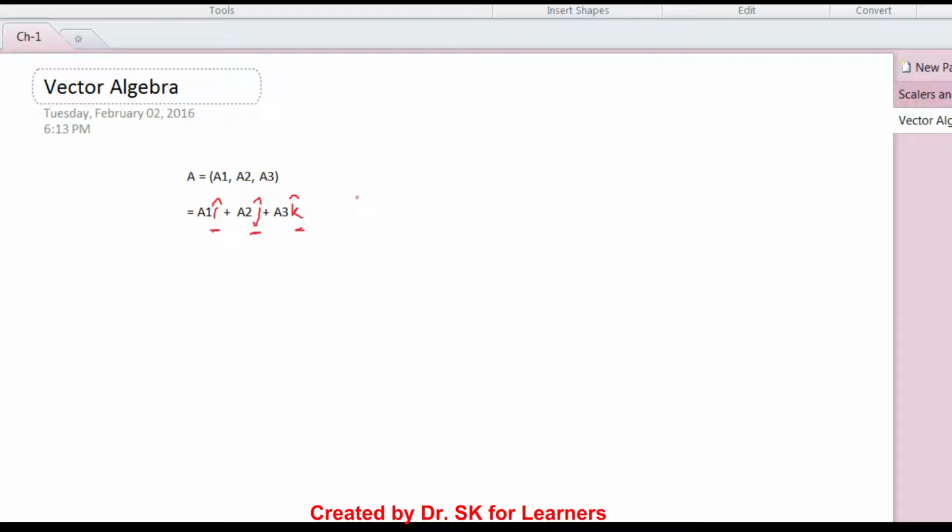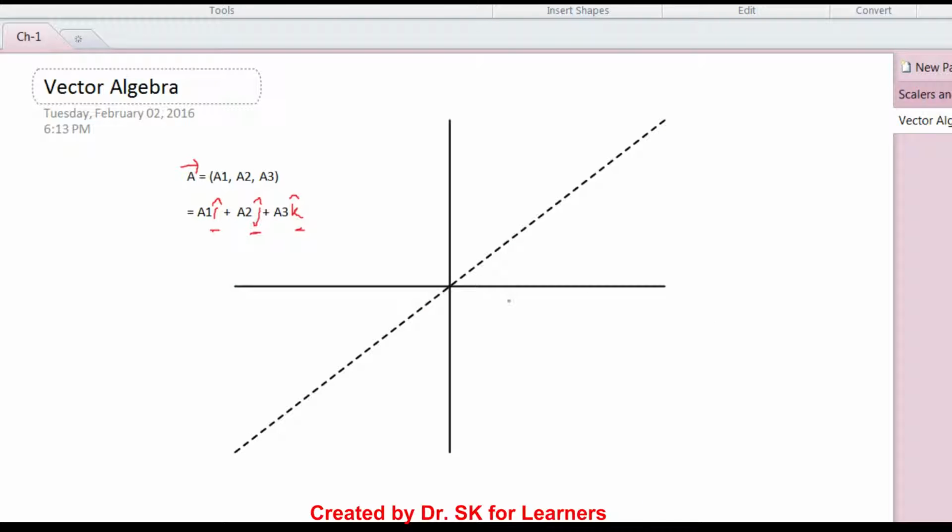If you have to draw this vector, in a three-dimensional space like this one, here it is x, this is y, and in and out of the plane is z. We first move towards the x-axis; the distance will be a1, which can be anything in numerical form.